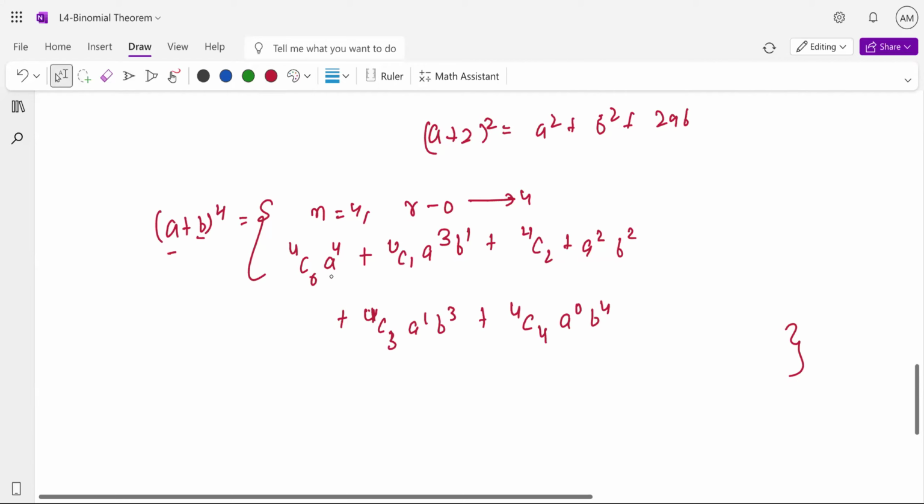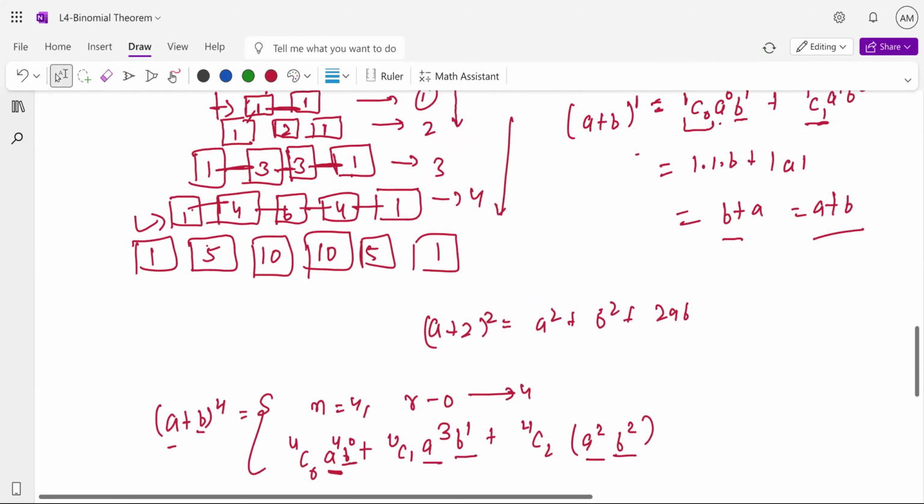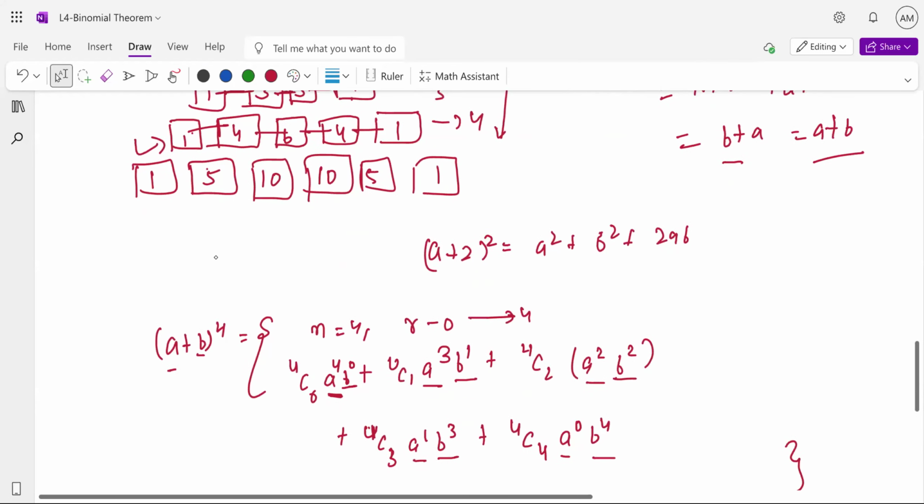What you can see is that I am decreasing the power for one and increasing it for the other. Here it was b to the power 0, and it keeps on increasing, right? Is that clear? Okay. By seeing this, I know the coefficients should be 1 4 6 4 1.